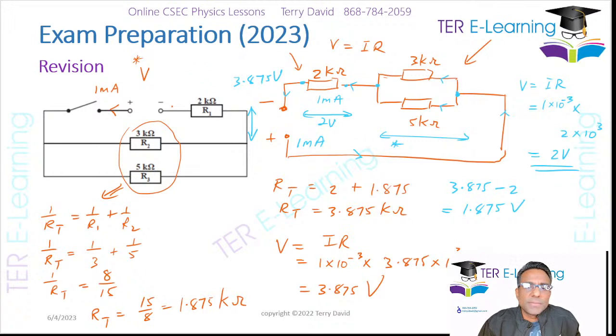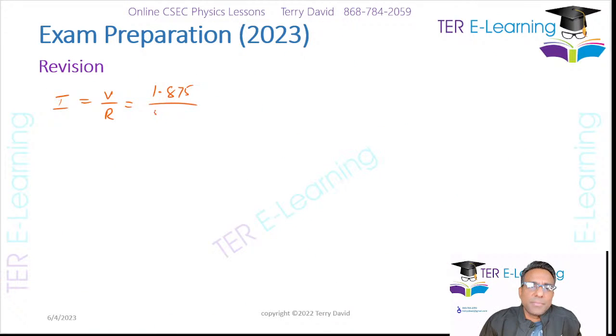So this is going to be 5 kilo ohm, so that's 5 by 10 cubed. So this is 1.875 divided by 5 by 10 cubed, and you're going to get 0.375 milliamps. So that's the current flowing through that 5 kilo ohm resistor.